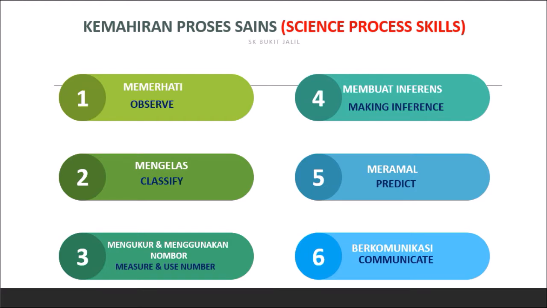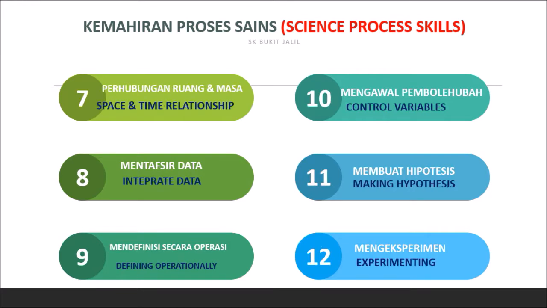Number 6, communicate. Number 7, space and time relationship. Number 8, interpret data. Number 9, defining operationally. Number 10, control variables. 11, making hypotheses. And the last one is experimenting.